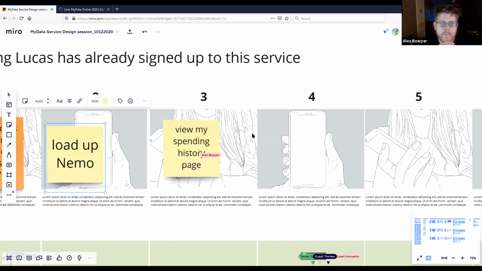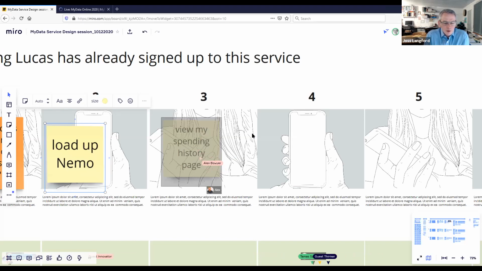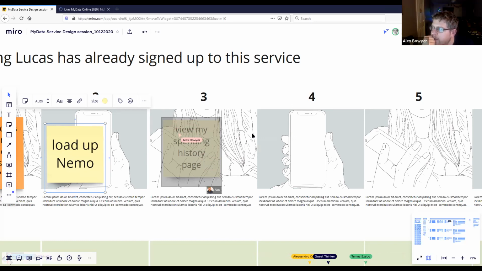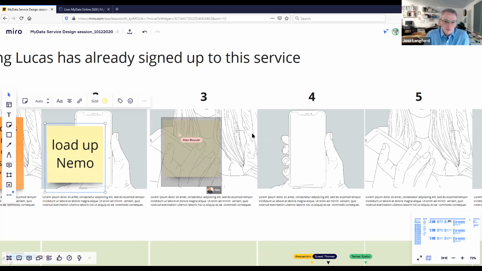No, I think it's quite technical. I think, you know, Lucas is a travel agent. He probably accepts that he's trusted Nemo sufficiently to record his spending history. So he probably wants to ask a question of it rather than to do the work to find the answer himself, perhaps.